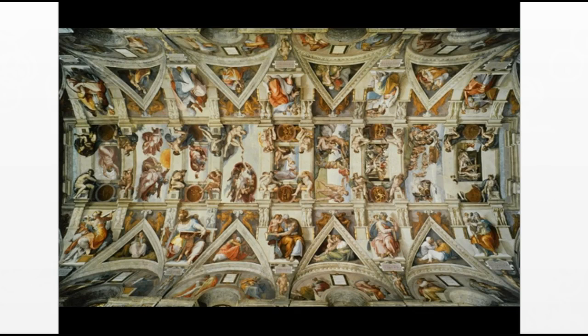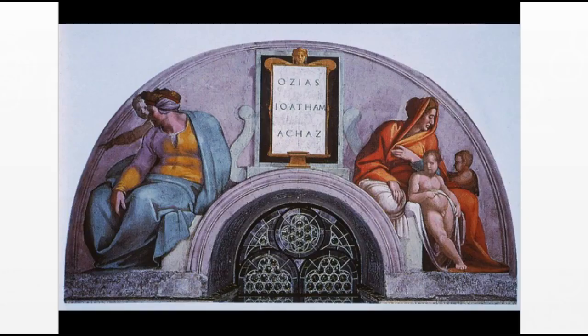So lastly, after we've got the Old Testament scenes up here, and other prefiguring, prophesizing figures, I want to show you these guys. These guys are really the most interesting. They're called the ancestors of Christ. They're in these little lunettes and also in these little triangular pieces, pendentives, and I'll just show you a few. The ancestors of Christ, who are mentioned in the book of Matthew, are those who come before Christ.